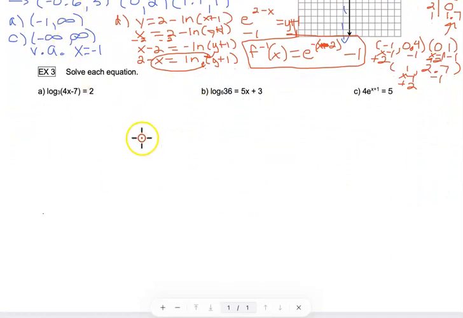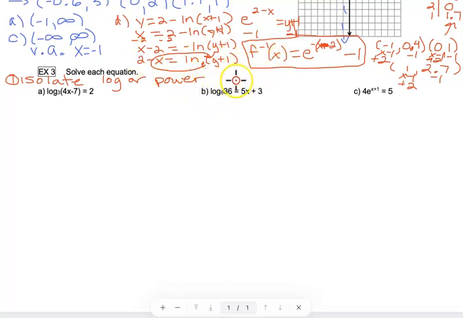So, last thing we need to talk about is how to solve some logarithmic equations as well as some different kinds of exponentials. So, on these types, the first thing we're going to do is to isolate the log or the power, depending on whether it's a logarithmic or an exponential equation.